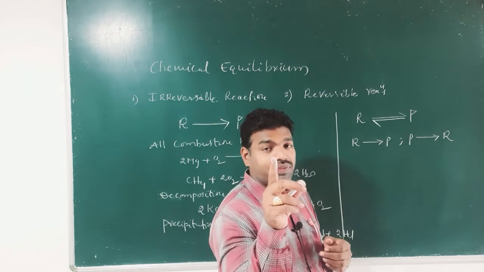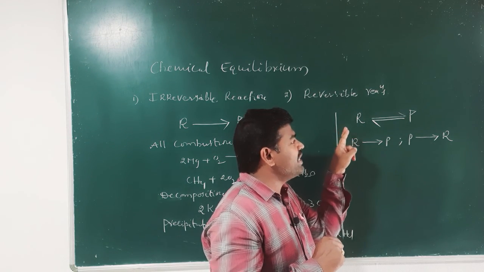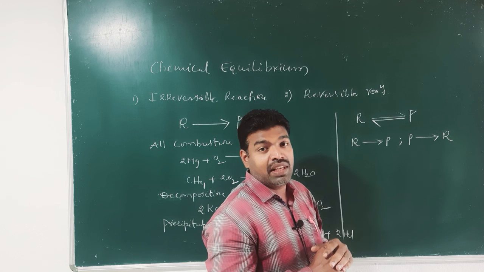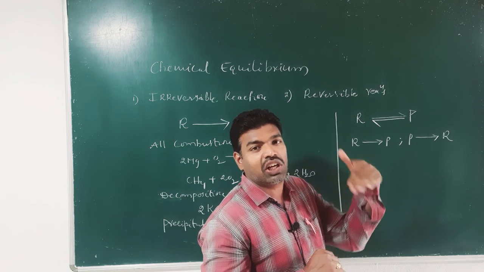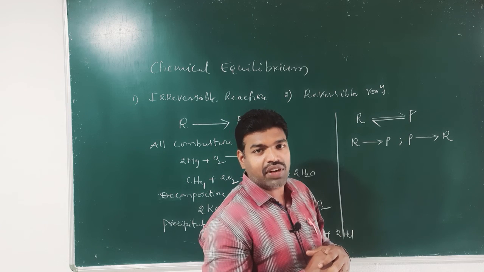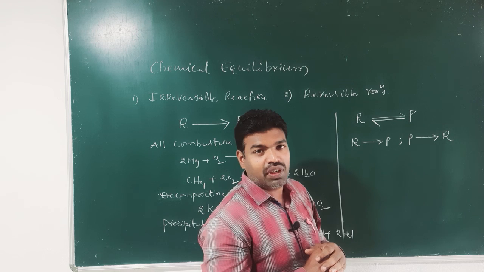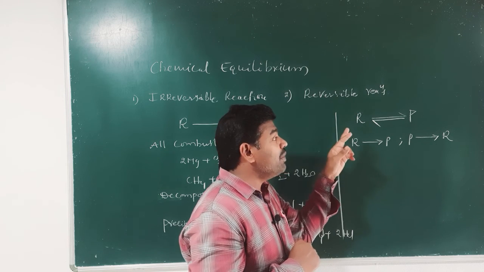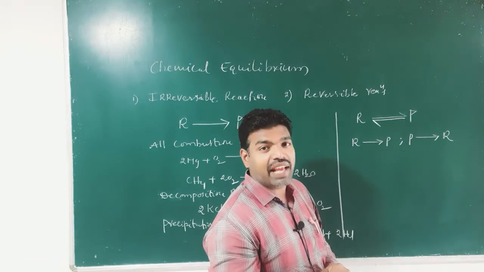between reactants and products, and due to that tug of war there is established an equilibrium, as in the tug of war game. So, there exists an equilibrium. So, equilibrium is established only in reversible reactions.